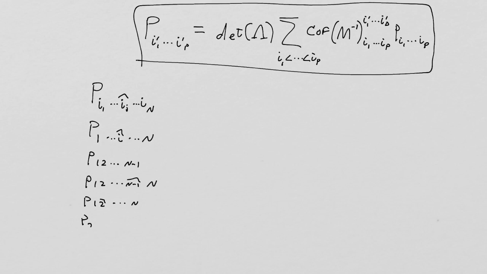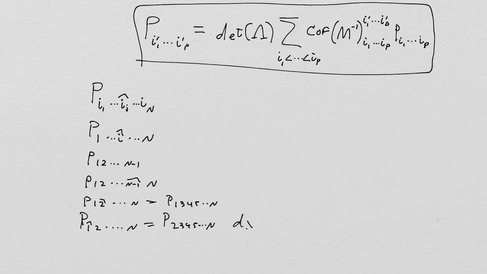And then I would go 1 omitted, 2 ... n, right? When I say this, it actually equals 2, 3, 4, 5, all the way up to n, right? And this one here is actually equal to 1, 3, 4, 5 to n, right? And that's the only possible way of doing it. But there's clearly n of these, right? And of course there's n basis vectors associated with them, right?